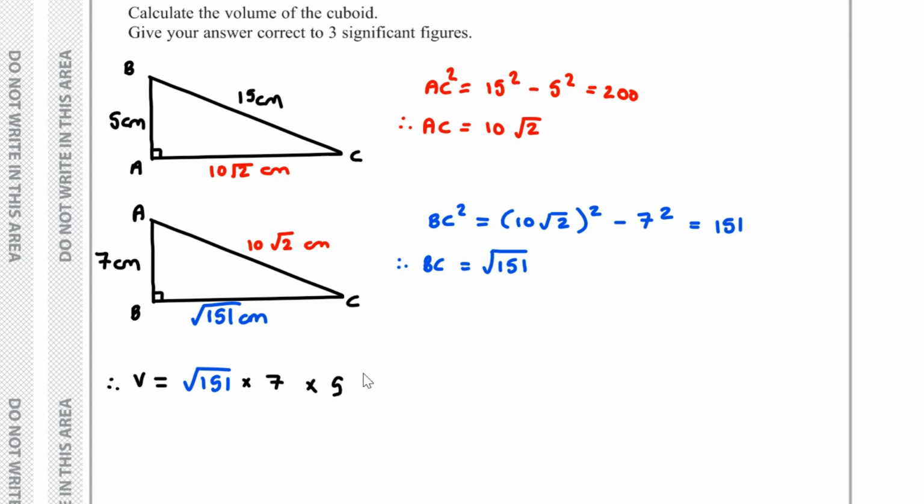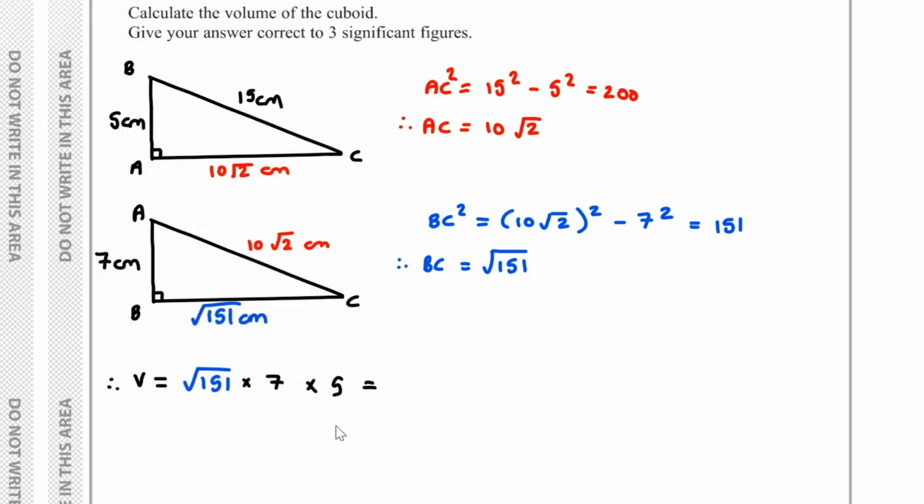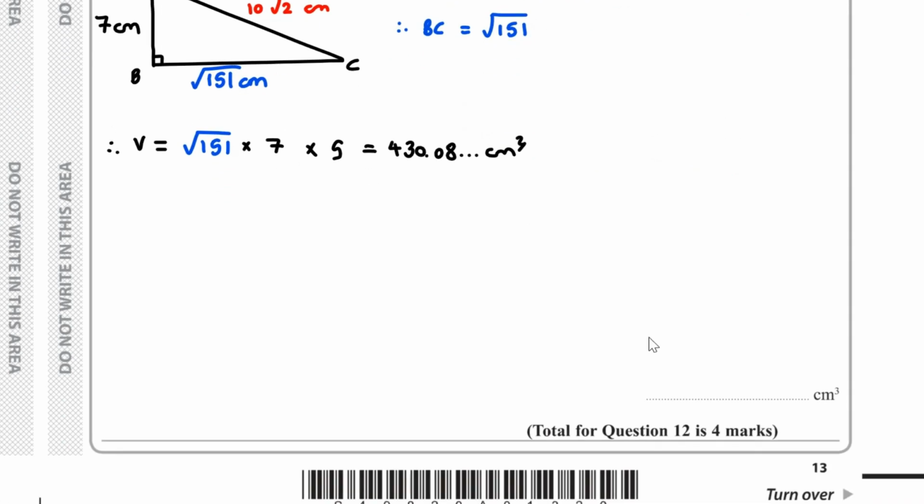So if we work this out, we've got square root 151 times 7 times 5, which is 430.08, etc. centimeters cubed. So therefore, to three significant figures, we have 430 centimeters cubed.